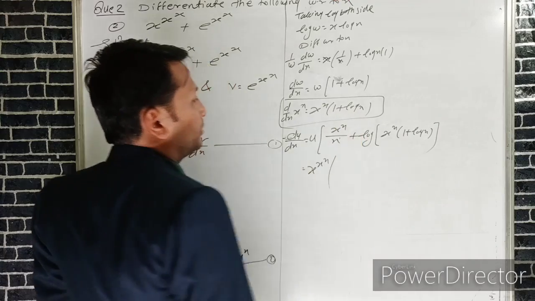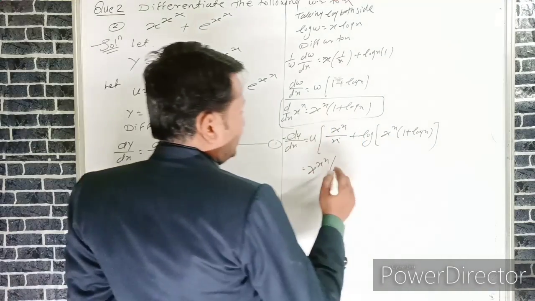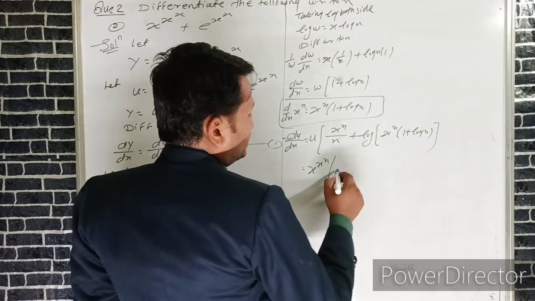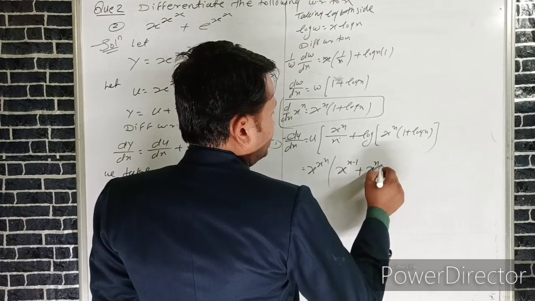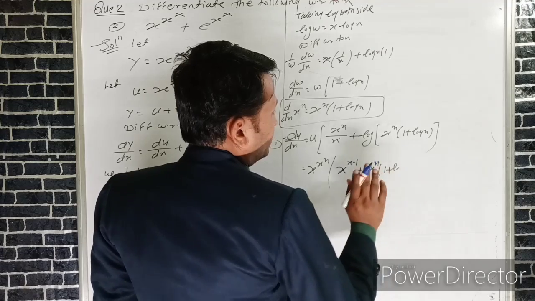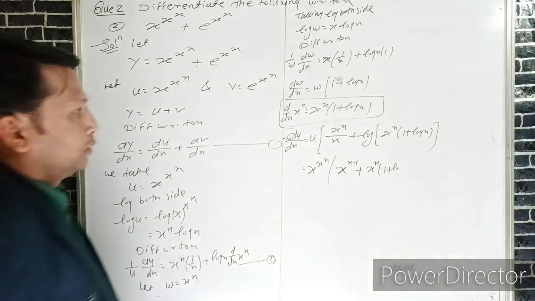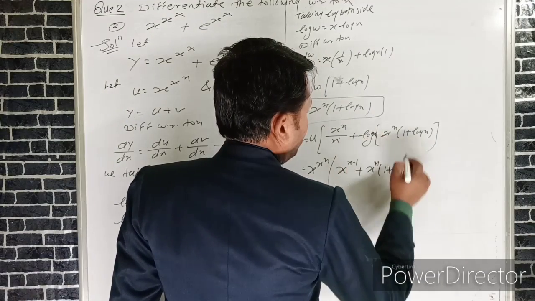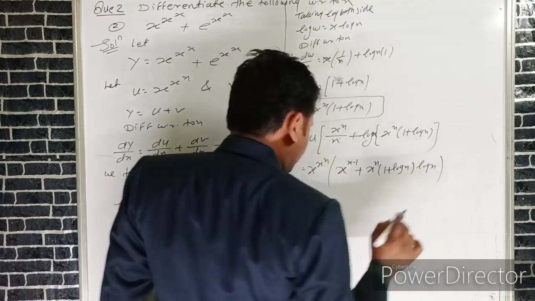If we take it to the numerator, it becomes minus 1. Hence by using the rules of indices we can write x raised to the power x minus 1 plus x raised to the power x into 1 plus log x, x raised to the power x into 1 plus log x into log of x.